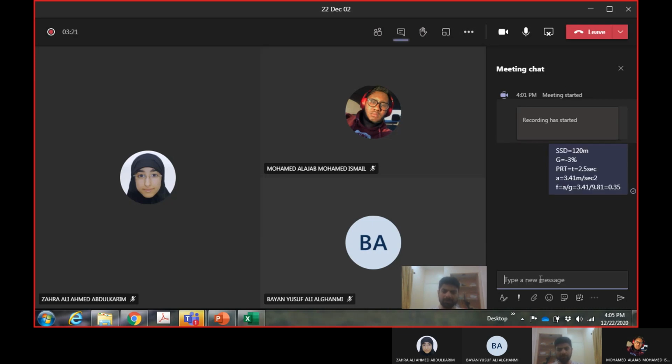These are the parameters, and the equation of sight distance is this one: SSD equals 1.47 v t, you are trying to find out v, plus v squared divided by 254 multiplied by f plus or minus g.